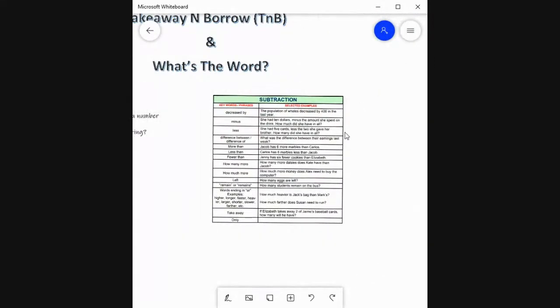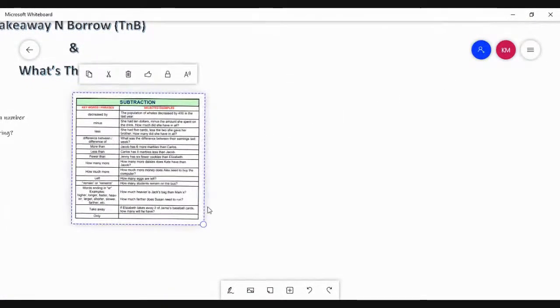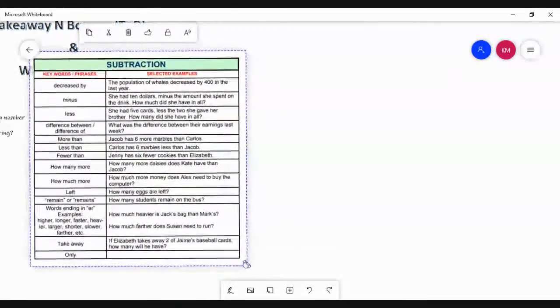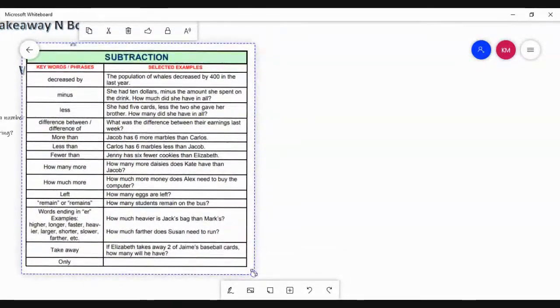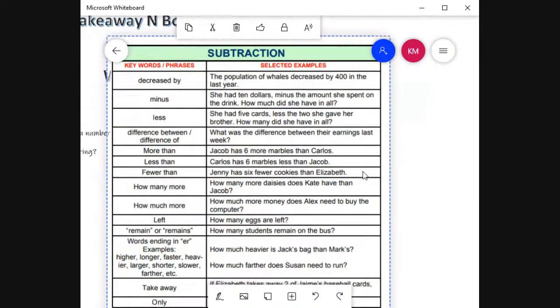With this chart, you are able to see the different words and phrases that will help you understand subtracting.